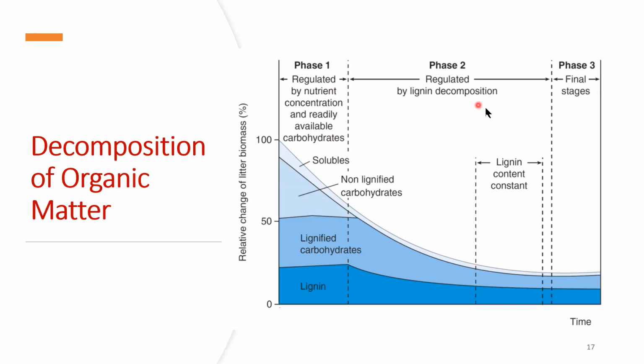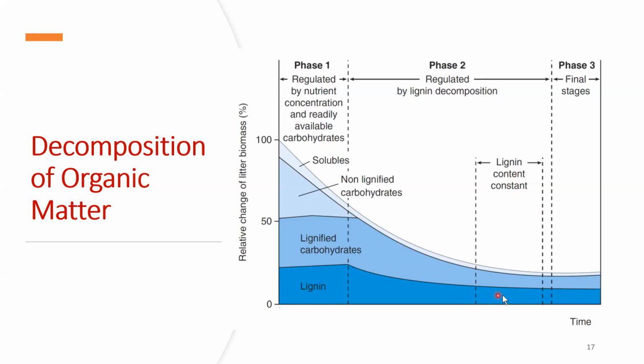The second phase is basically controlled by lignin composition. Here you can see that the other molecules, the non-lignified carbohydrates and soluble parts, are similar; the decomposition is constant and there is no effect on that. But the lignin is affected. You can see that the lignified carbohydrates are decomposing, so they are regulated by this lignin composition.